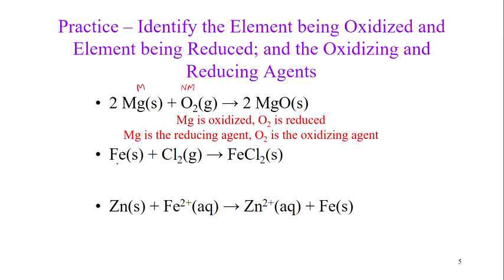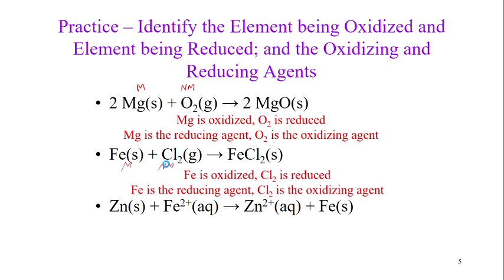Another example, Fe plus Cl2, metal, non-metal. Metals lose electrons, oxidized. We call that reducing agent as well. Non-metal gains electrons, reduced. We call it oxidizing agent as well.